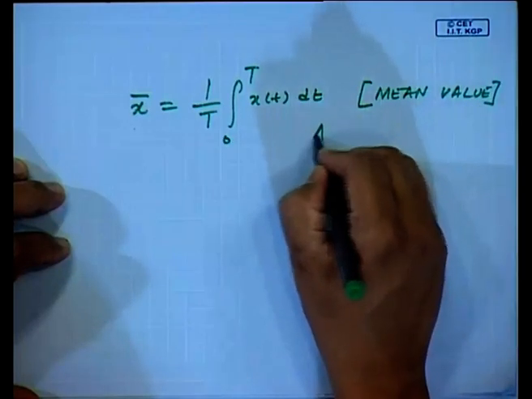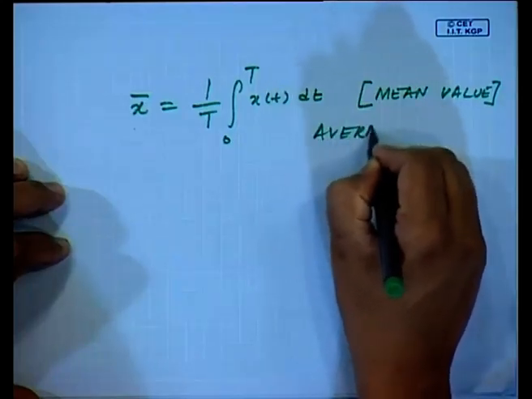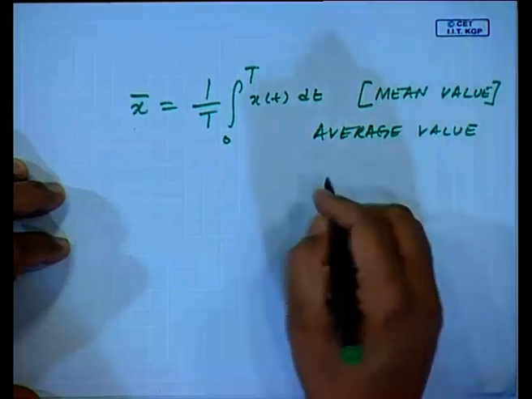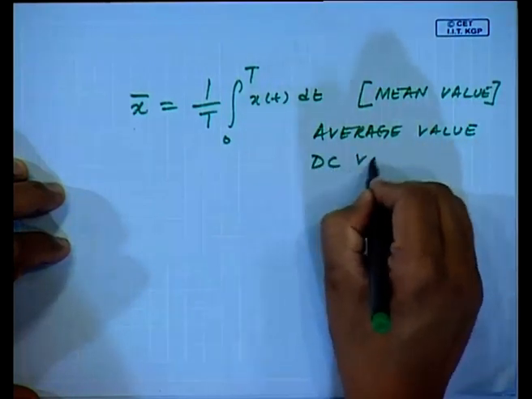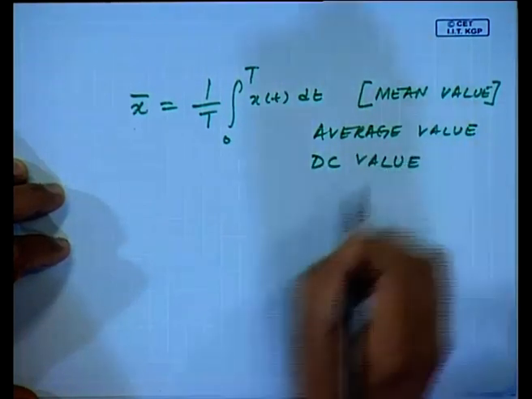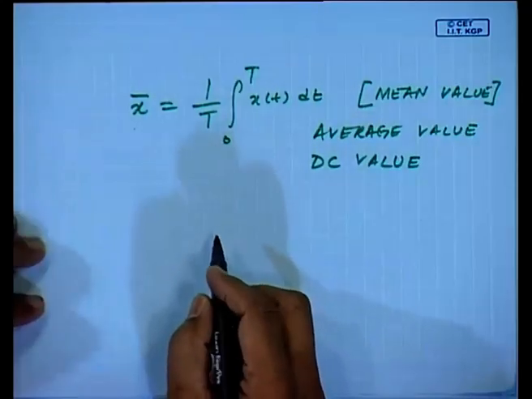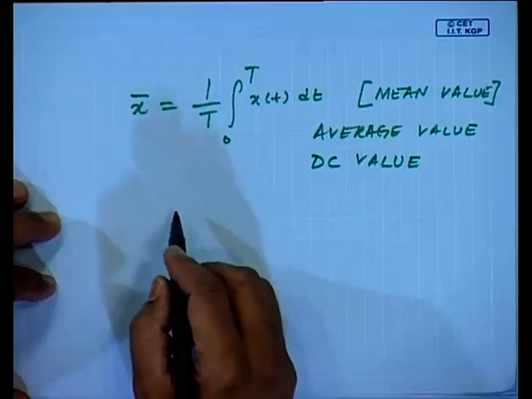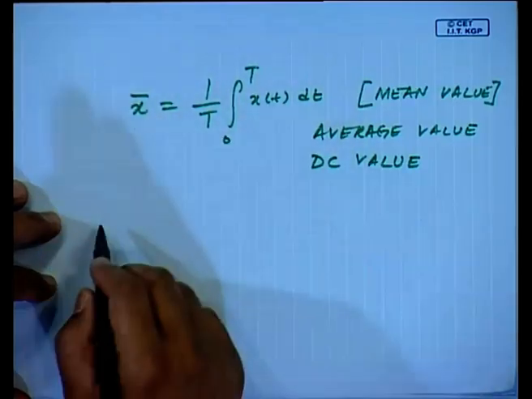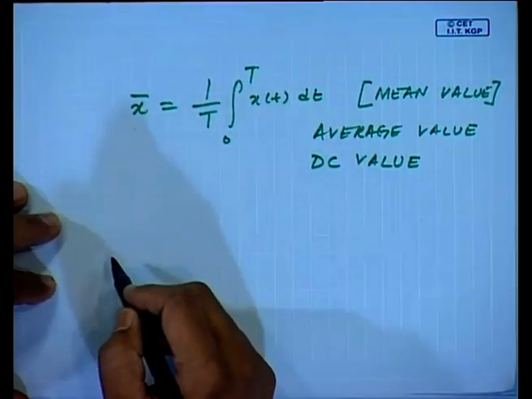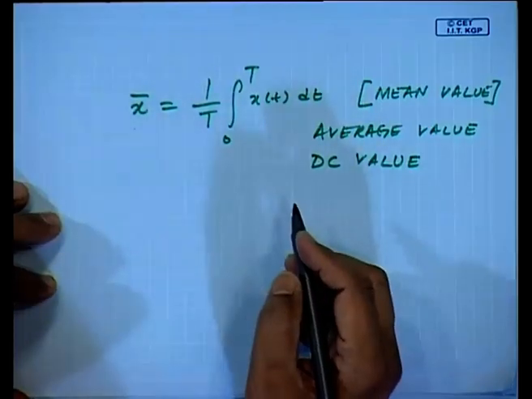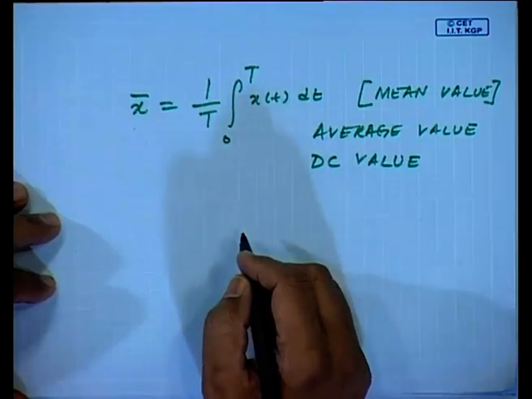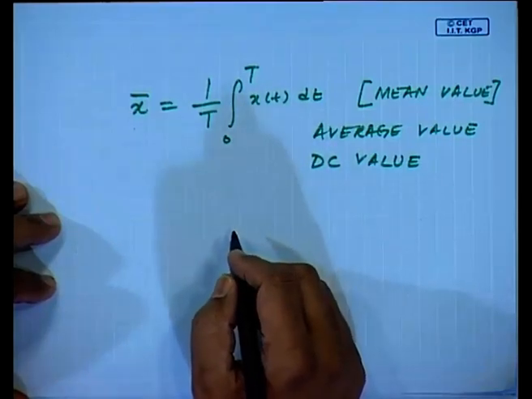Sometimes we call it the average value, sometimes we also call it the DC value of the signal. So, if I have a signal, if I find out its mean value, I can subtract that mean value to get the dynamic value, or the part of the signal which is fluctuating over time.